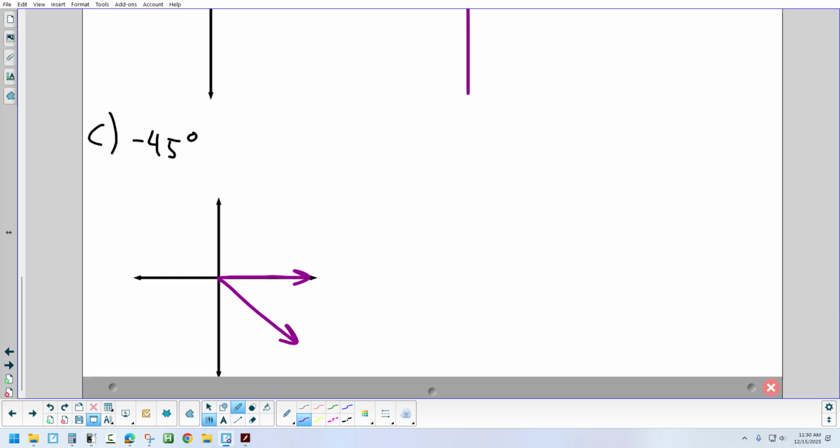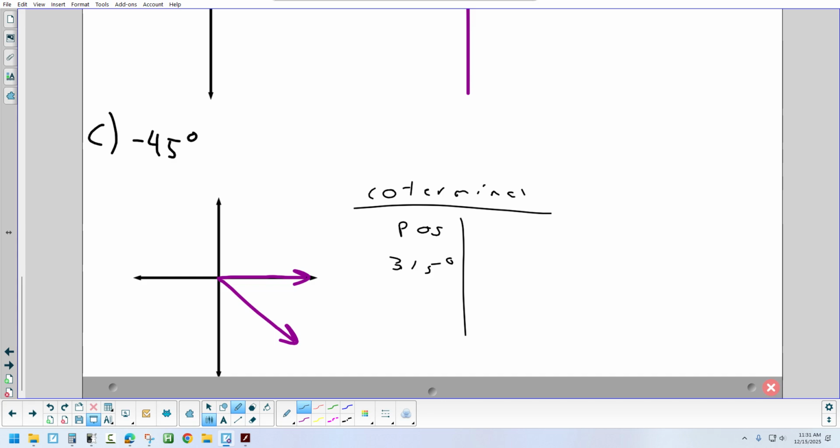And what's an angle that is coterminal and positive? Yep, I heard 315. Good. And how about coterminal and negative? Negative 405. Yep.